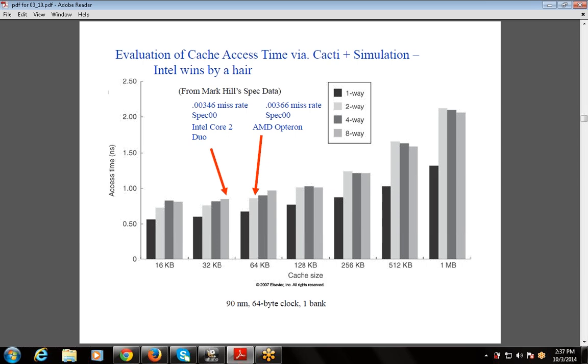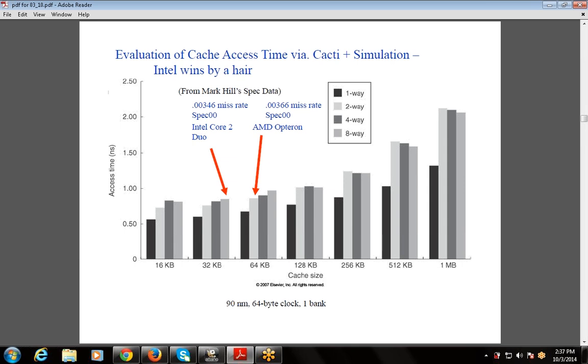Next is the evaluation of the cache access time via CACTI plus the simulation. This is a histogram representation of how one-way, two-way, four-way, and eight-way caches can be accessed, that is the impact, or evaluation, of cache access time.